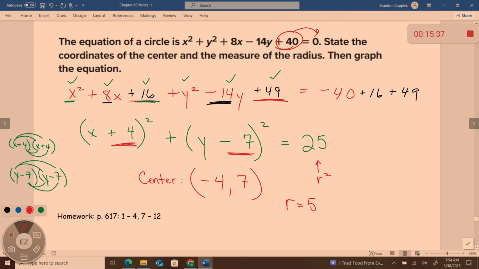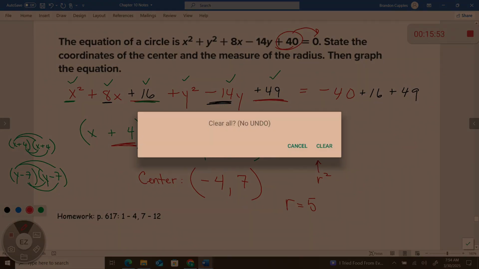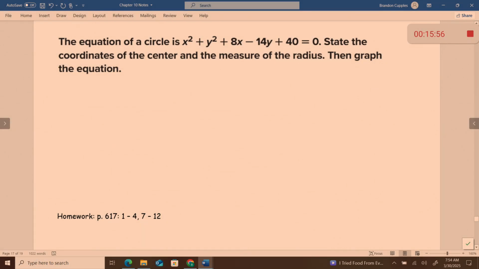Let me show you another way you could do this. If that had your head spinning, you're like, man, I don't remember that from last year, that's fine, but let me share this with you. If I type in the original formula, now remember our center and our radius, -4, 7 with a radius of 5, into my Desmos calculator.